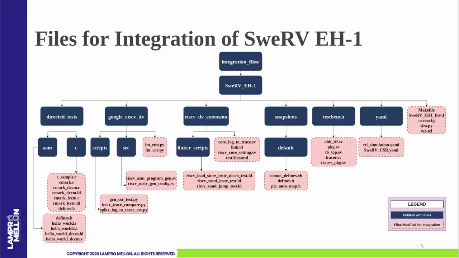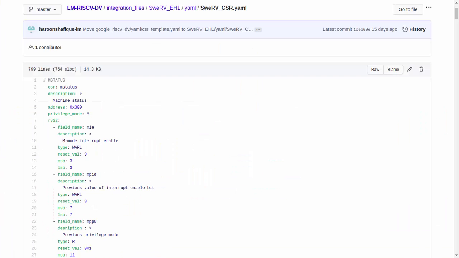YAML directory contains two YAML files. RTL simulation.yaml contains base command for RTL compilation and RTL simulation, whereas SweRV CSR.yaml lists all the CSRs implemented in SweRV EH1. For each CSR, bit field properties and reset values are defined.